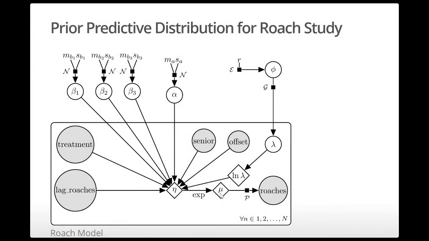Okay, so back to this. Again, we're thinking about this as a prior predictive distribution, a representation of our model for the data before we observe the data. So if we were going to do this, we would choose m and s for all of those.